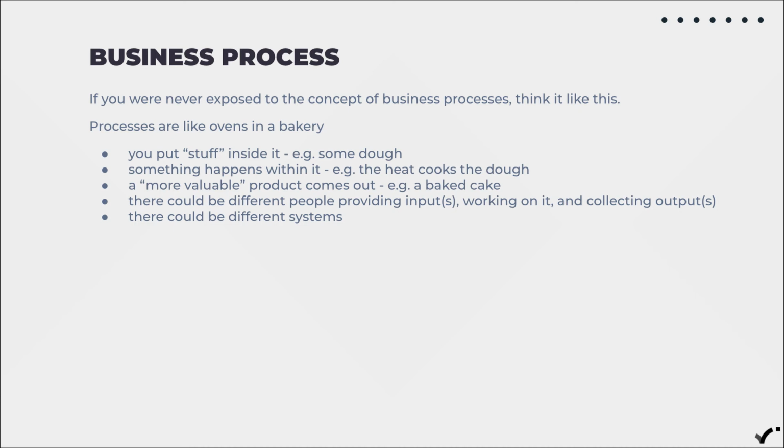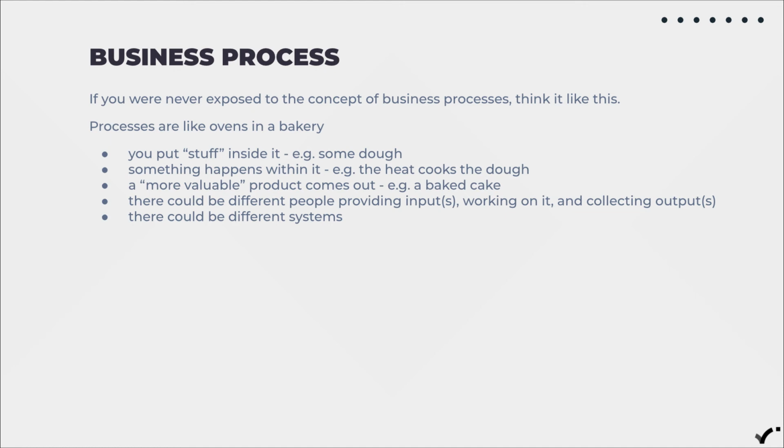To simplify this to the full extent, think of processes like ovens in a bakery, right? Maybe this is my European background, but you put stuff inside the oven, say some dough, and then the oven does something with it. You close the door, you don't know exactly what happens, but the oven cooks the dough, and then a more valuable product comes out, say a cake or bread or whatever.